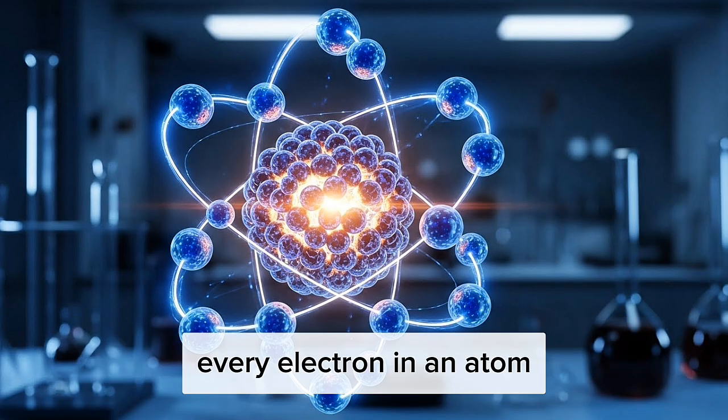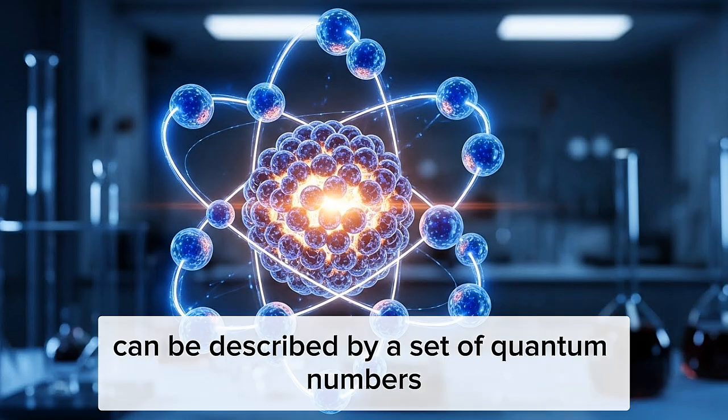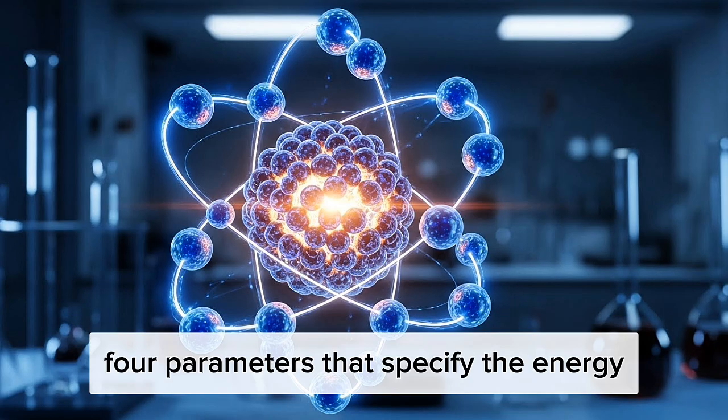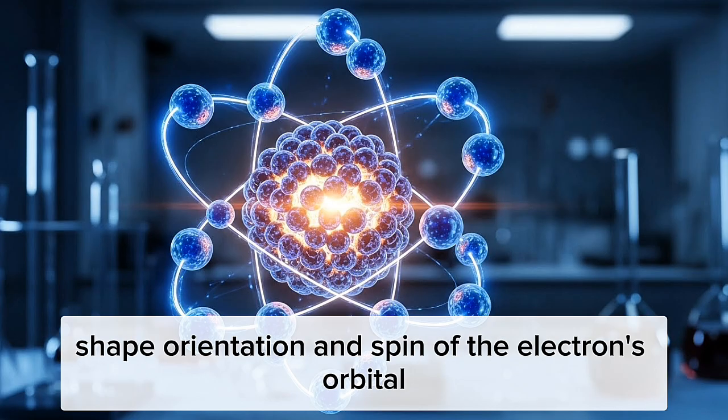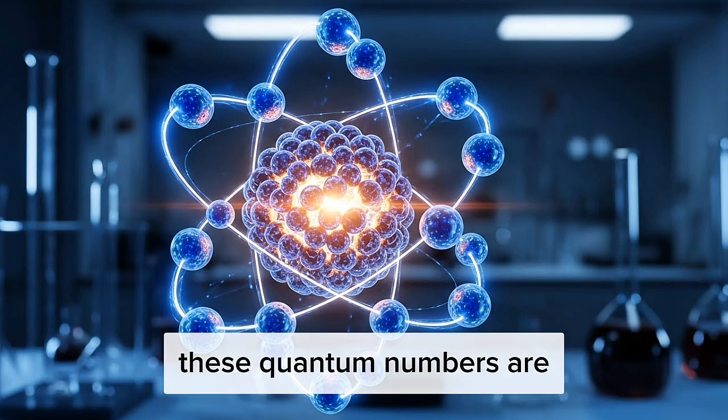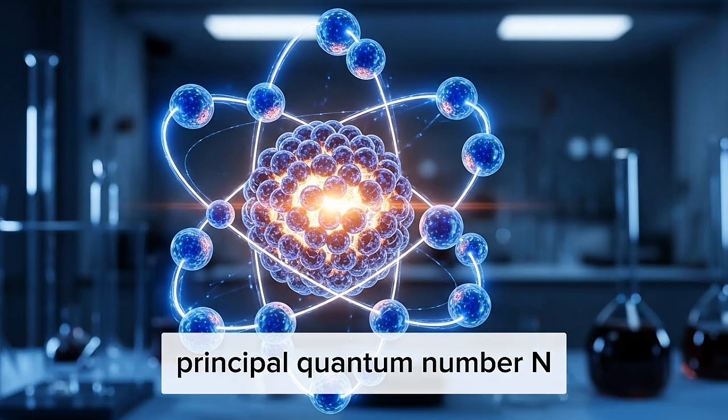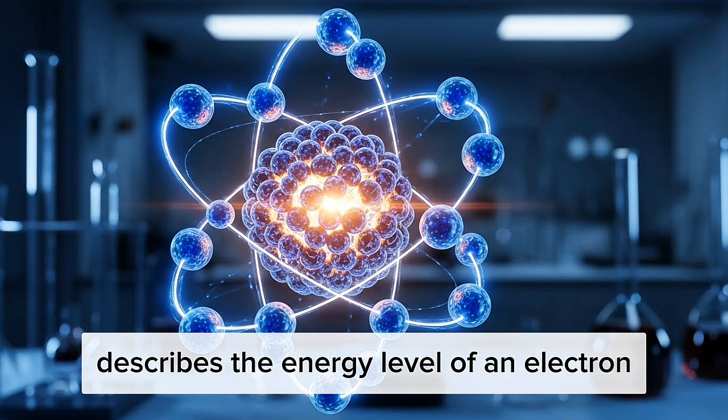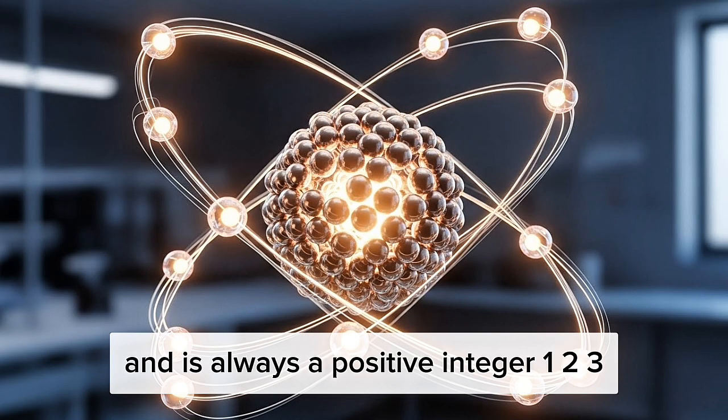Every electron in an atom can be described by a set of quantum numbers, four parameters that specify the energy, shape, orientation, and spin of the electron's orbital. These quantum numbers are: principal quantum number n describes the energy level of an electron and is always a positive integer 1, 2, 3.